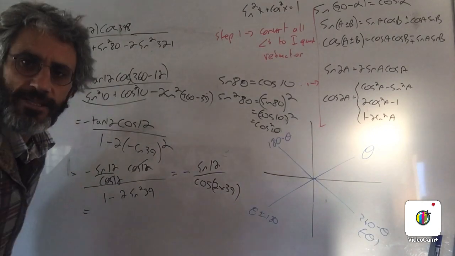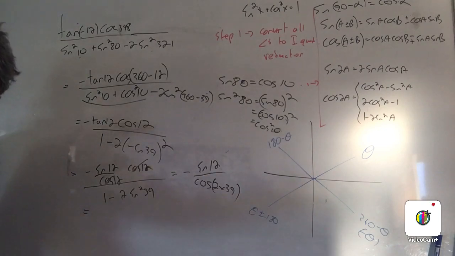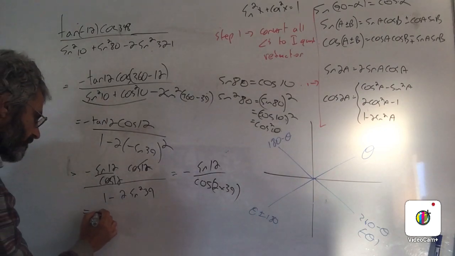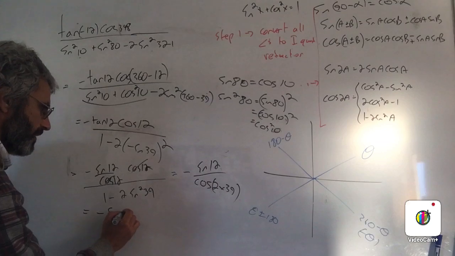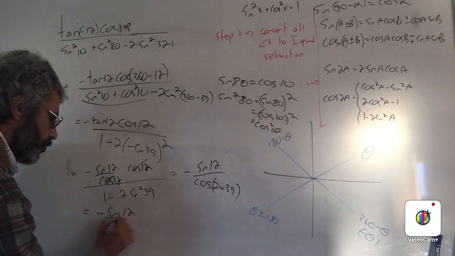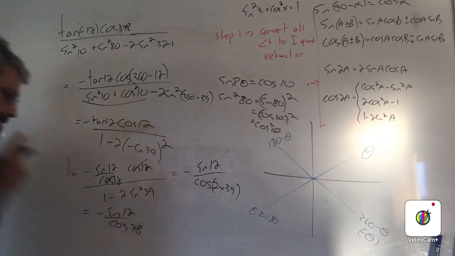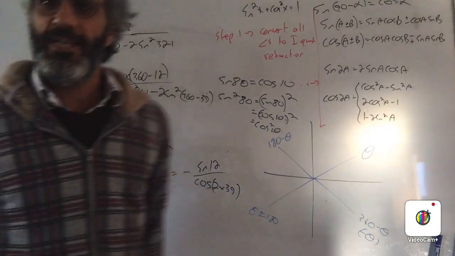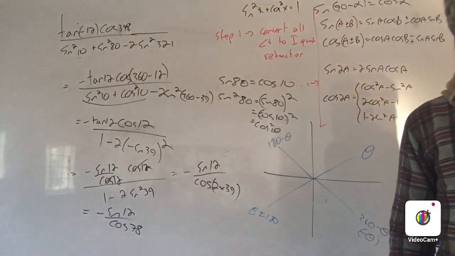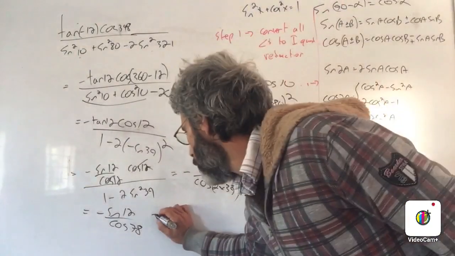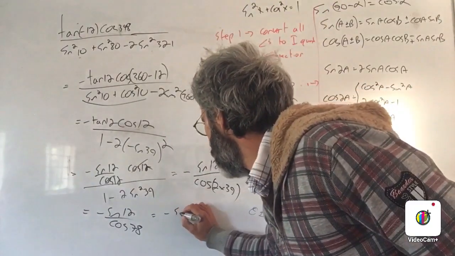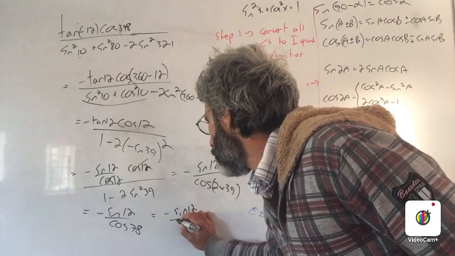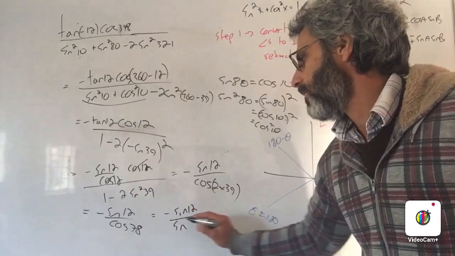Can you see if I write here? I think so. Can you see or not really? So it's going to be minus sine 12 divided by cosine 78. But there's still, what's happening now? What should we do? Co-function again. You can choose anyone. I'll keep this one as minus sine 12, and I'll write that as sine what? 12, really.